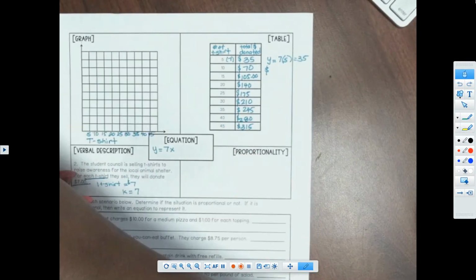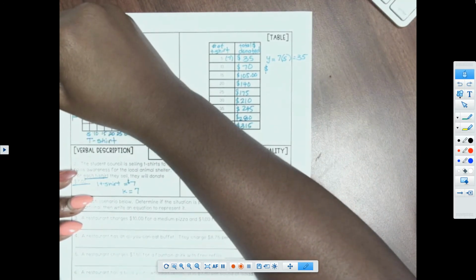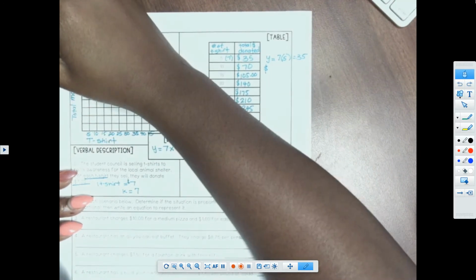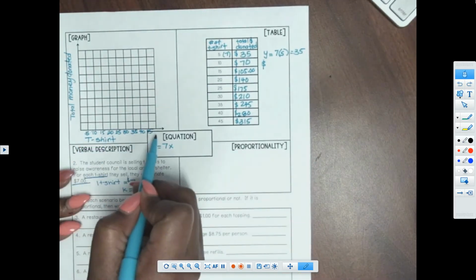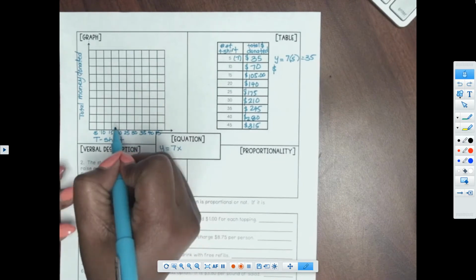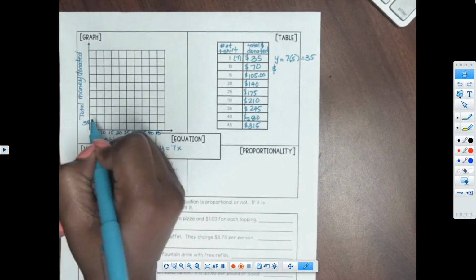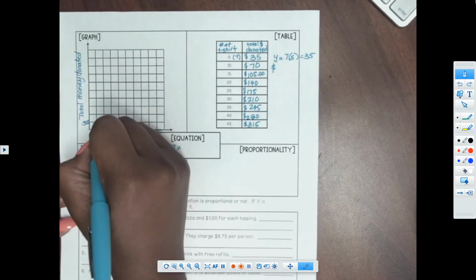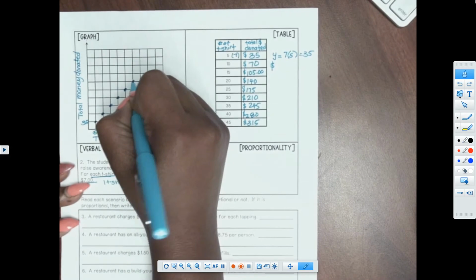And then this one will represent the money. So this is labeling. This down here is called numbering. So just in case you get that part confused. Okay, so this would be 35 all the way up.